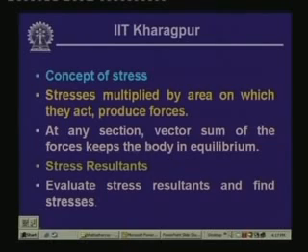So, at any section, the vector sum of the forces keeps the body in equilibrium, and that is how we obtain the stress resultant for that particular section. Our job is to evaluate this stress resultant, and once we know it, we can compute the stresses at that particular section.